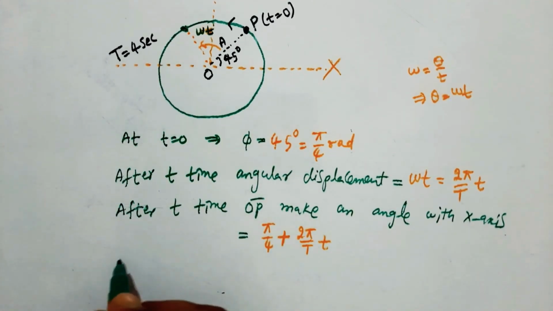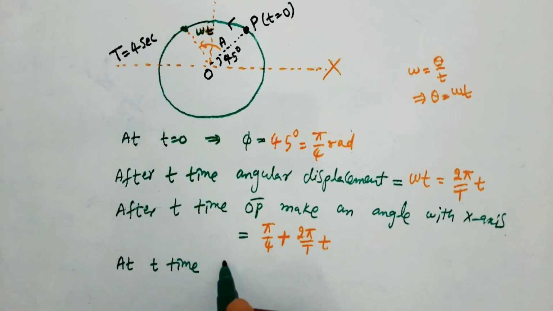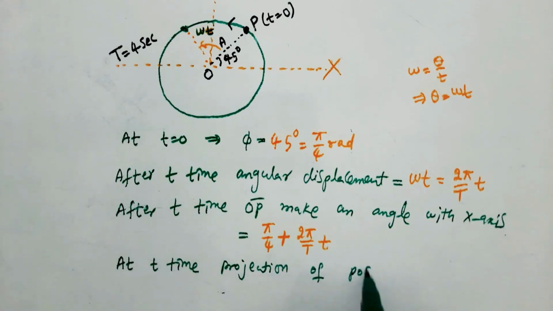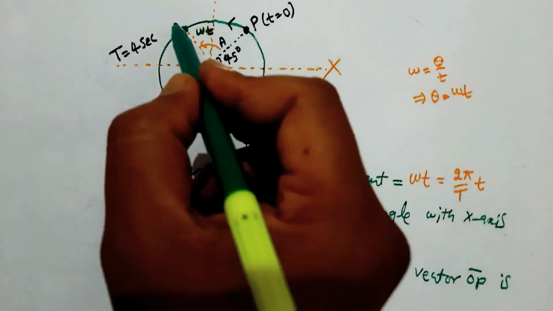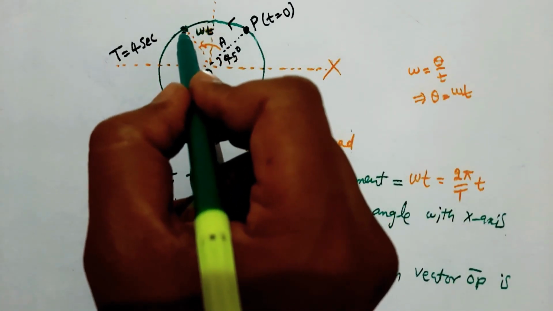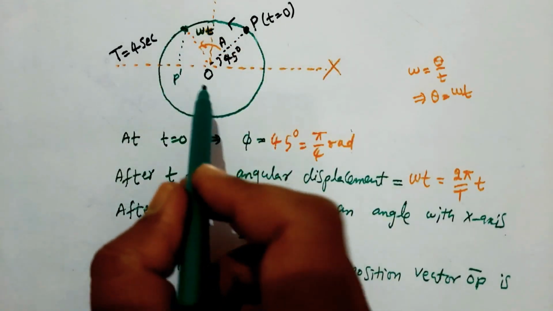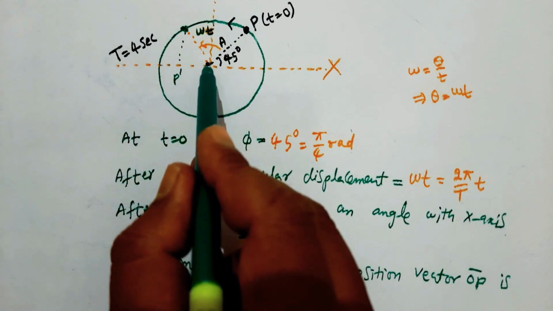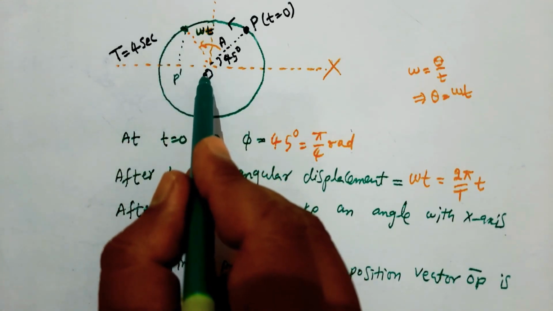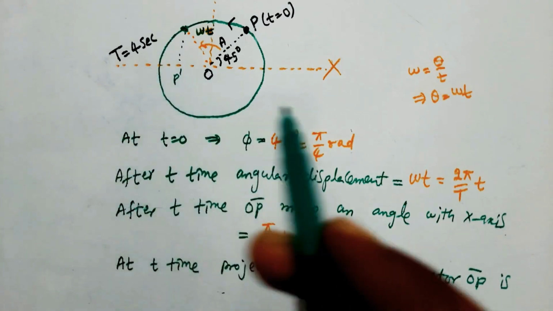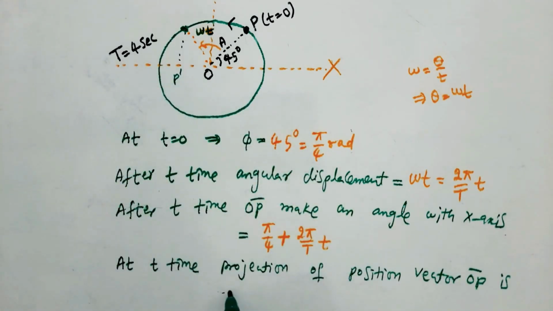At t time, the projection of the position vector OP bar is, so here what is the projection? The projection is OP dash. So OP dash is nothing but x of t.